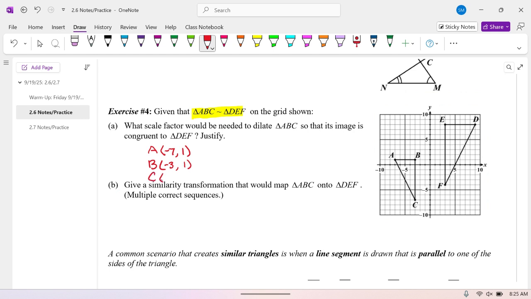And then what's C? -3, -7. All right. Now, it maps onto DEF. So D, E, and F. So what are the points for D, E, and F?